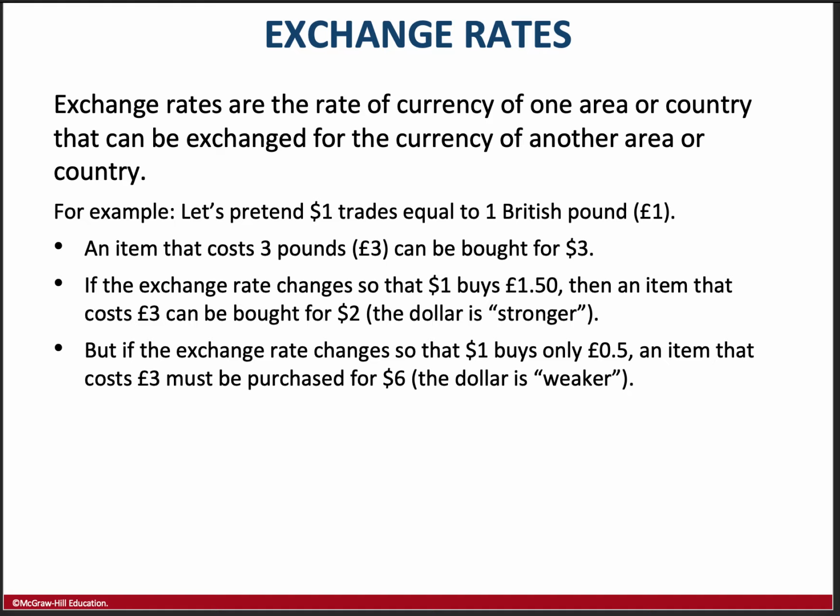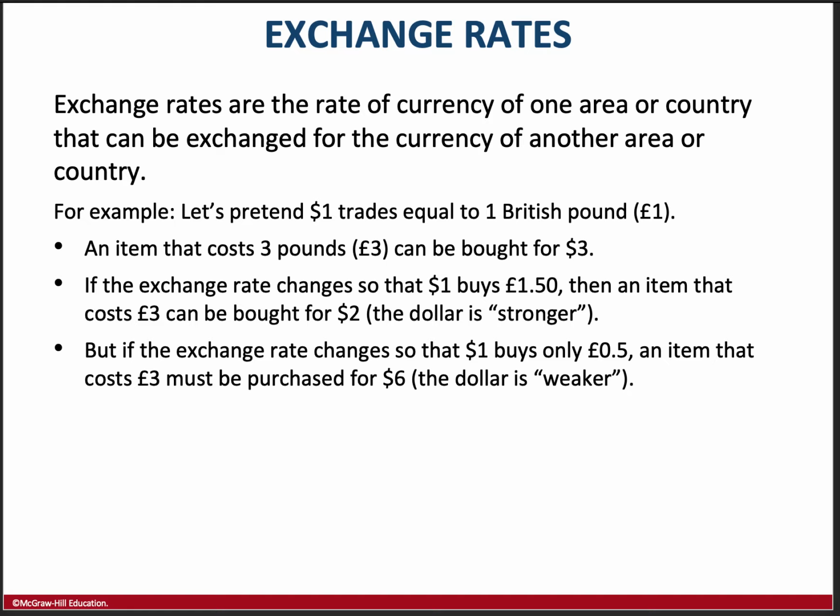And so something that costs £3 in the UK can be bought for $3. If the exchange rate changes so that a dollar buys 1.50 pound, then an item that costs £3 can be bought for $2.